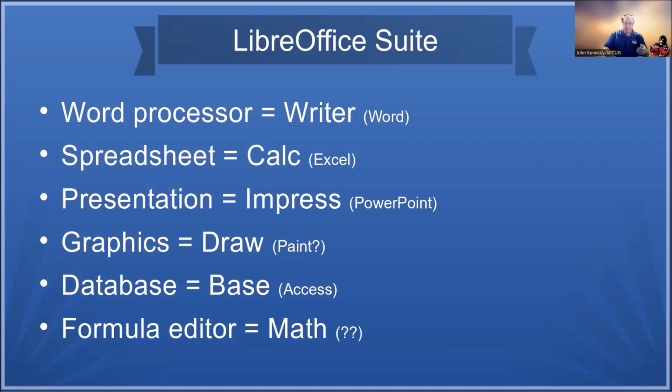You're writing. And for the spreadsheet, you're not Excelling, you're calculating. And for presentation, you're not PowerPointing, you're trying to impress somebody. And then Draw, Base, and Math are the names. So those are the features, and when you get LibreOffice, you get the whole thing.